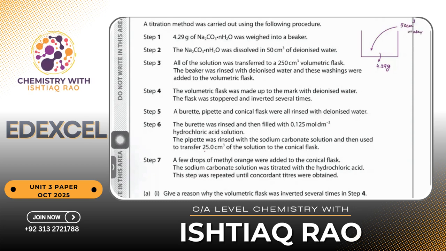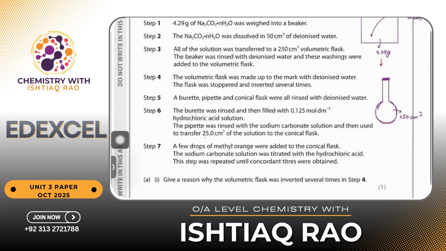Okay, all of the solution was transferred to a 250 cm cubed volumetric flask. So I have transferred this solution into a volumetric flask. I have transferred all the solution to this flask, right?